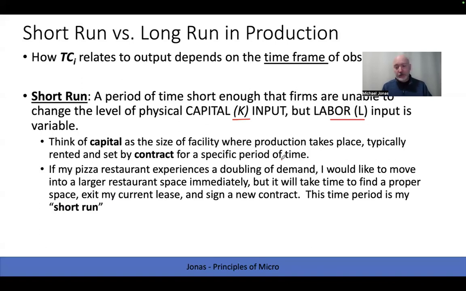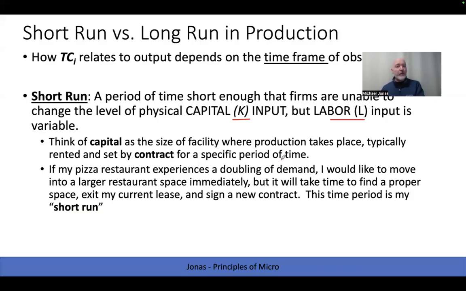Okay, so here's the example. If my pizza restaurant experiences a doubling of demand, could happen, I'd like to move into a larger restaurant space immediately, but I can't, right? I've signed the lease. It's going to take me time and effort to find the perfect space.